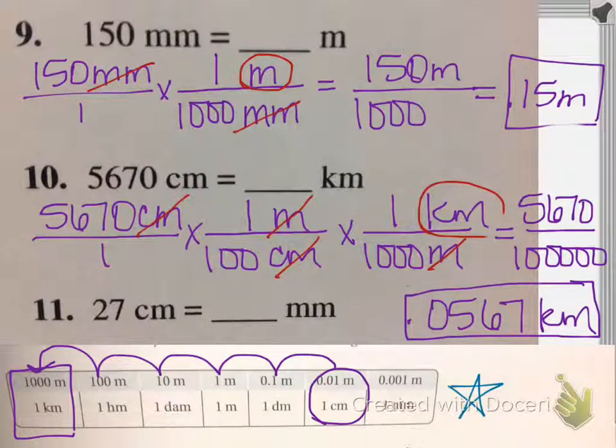Well, my original number of 5,670, my decimal point would be behind the 0, and if I moved it 1, 2, 3, 4, 5 times, then I would also get 0.0567. So again, you can do this 2 ways. You can set up your ratios, or you can use the table at the bottom.